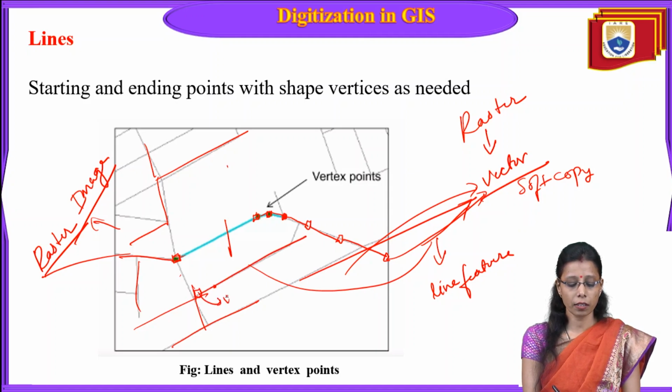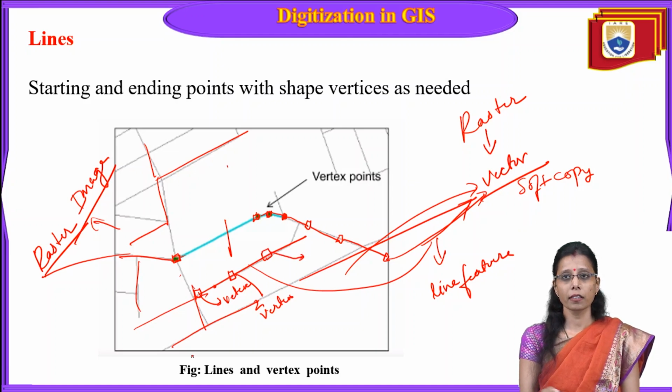This is a vertex. I'll snap it here, this is the second vertex. Again, I will do the third vertex here. Like this, I'll keep on digitizing from one corner to the other corner. Finally, I will end the point and snap it here. So this line will be converted to vector.